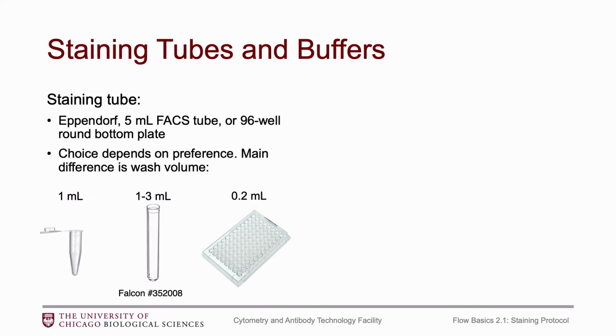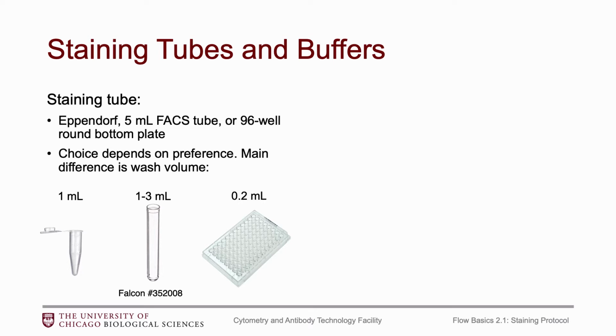The first thing before we actually get to the protocol is I want to talk about staining tubes and buffers. Really, the choice is up to you. You can stain in whichever tube or format that you want. The main difference has to do with wash volume. So common tubes used are Eppendorf tubes, 5 ml round bottom tubes, which are often called FACS tubes, or a 96 well plate.